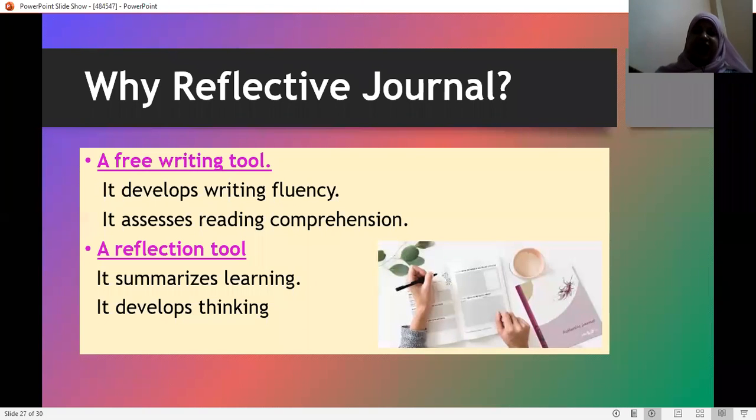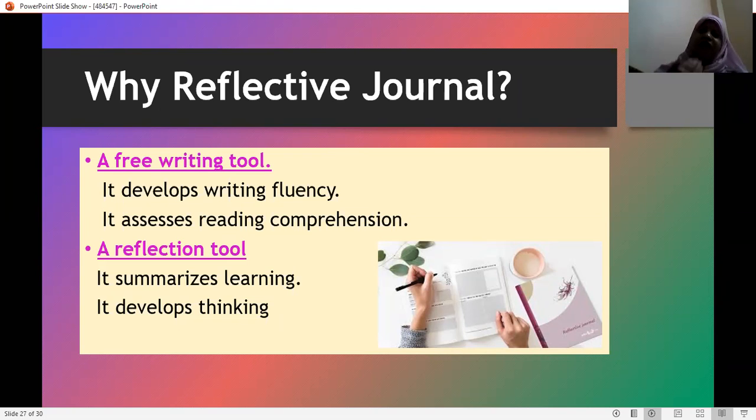When we say a reflection journal, it means it's a free writing tool. Don't care about spelling, grammar, or punctuation. The most important thing for a journal is the ideas. And the journal here assesses reading comprehension. It assesses what you have learned from the seminar and from the text. So it's good for writing fluency, not accuracy.